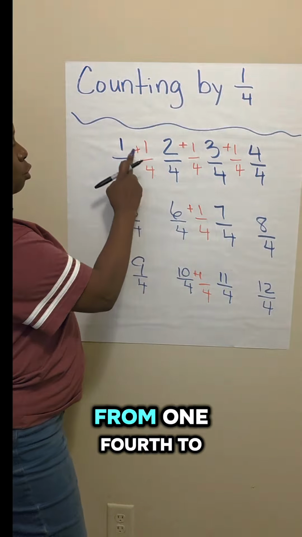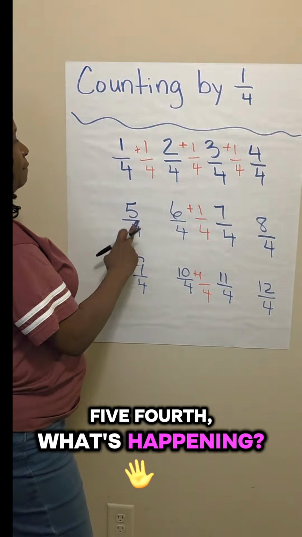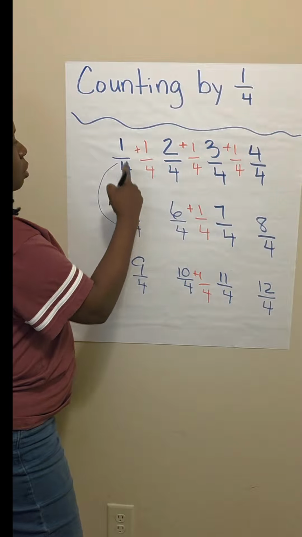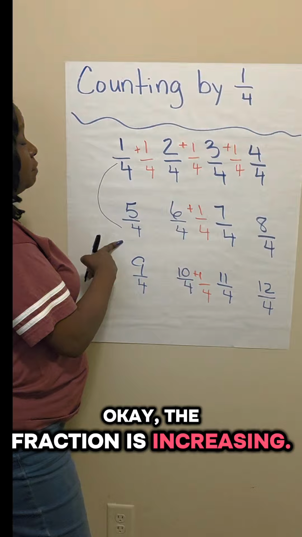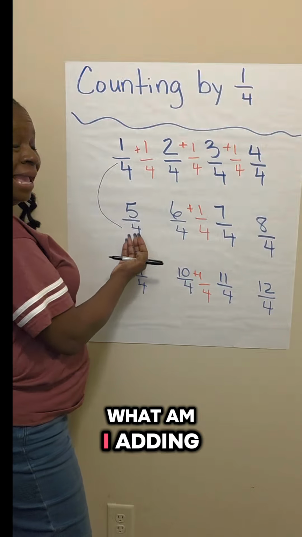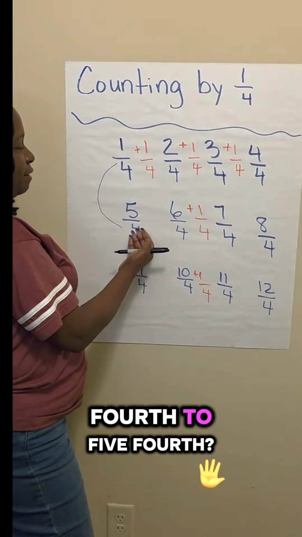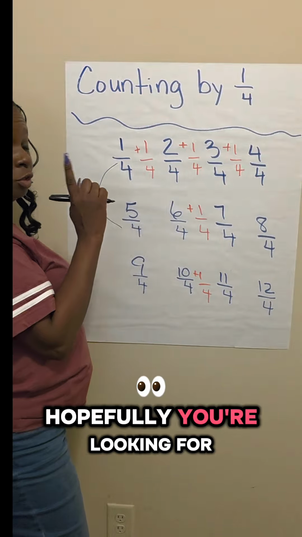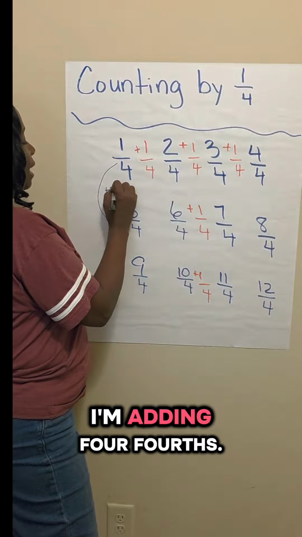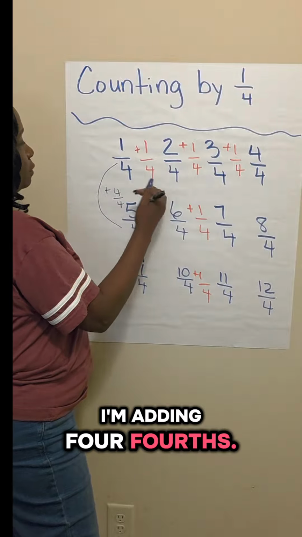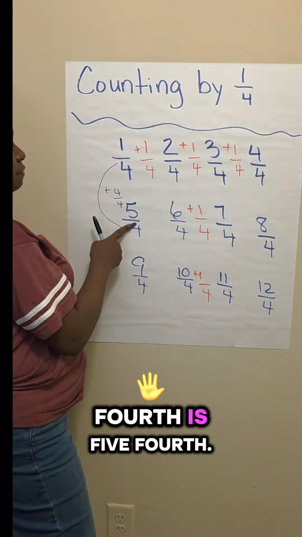So if I go from 1/4 to 5/4, what's happening? Okay, the fraction is increasing. What am I adding to get from 1/4 to 5/4? Hopefully, you're looking for the student to say, I'm adding 4/4. 1/4 plus 4/4 is 5/4.